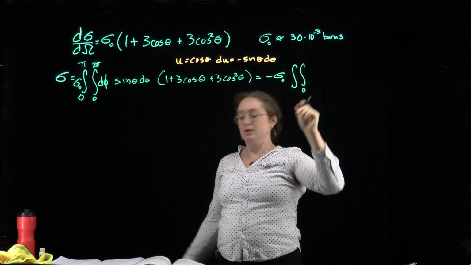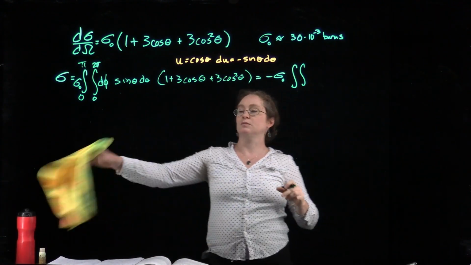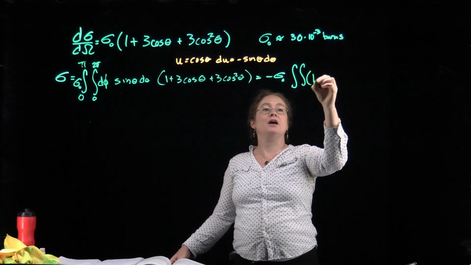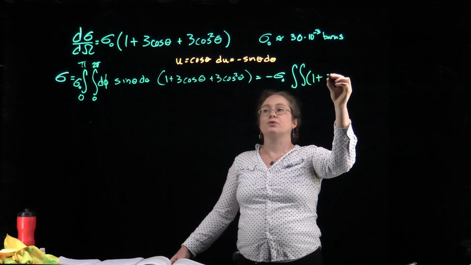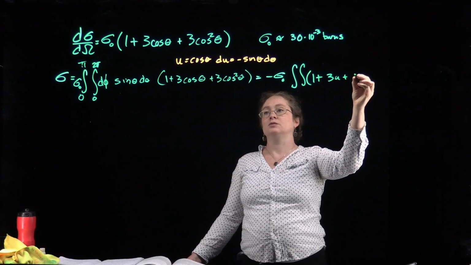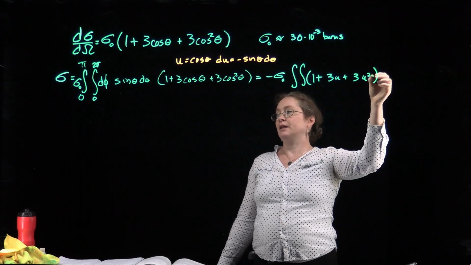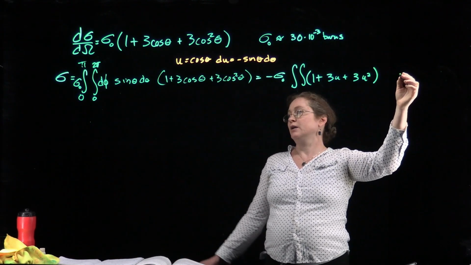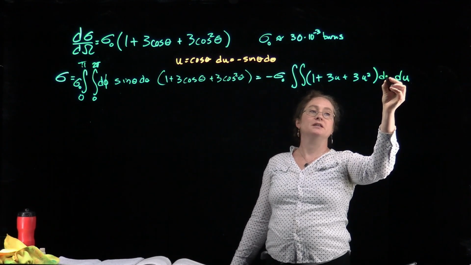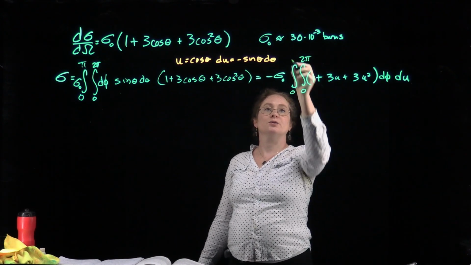I'm factoring out the negative sign, and then here I have 1 plus 3u plus 3u squared, and then that changes my sine theta d theta to a du, but I still have the d phi, 0 to 2 pi, 0 to pi.